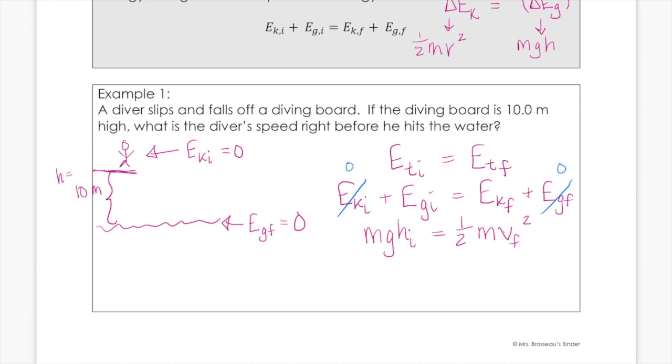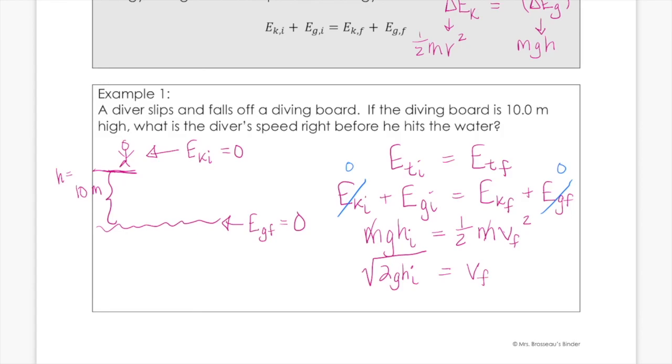If we get VF by itself, the masses are going to cancel. Then divide over the half, it would become 2, and then take the square root. I'm going to get the equation VF equals the square root of 2GHI.